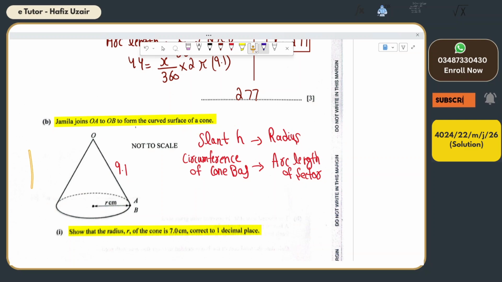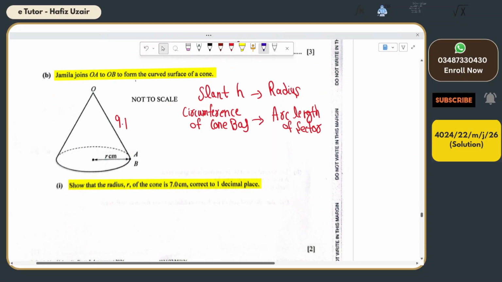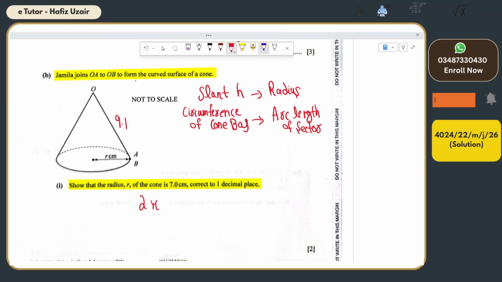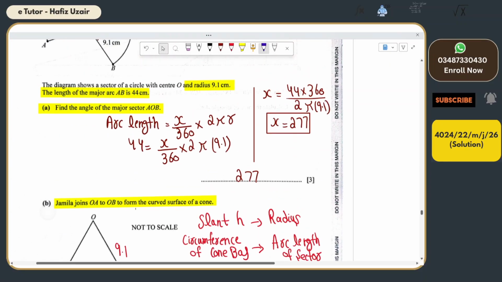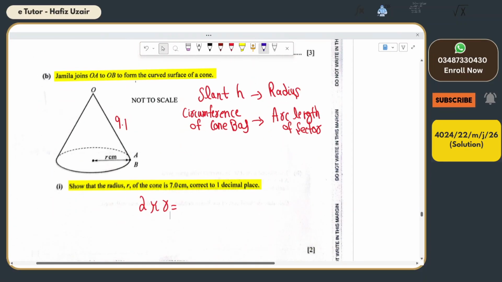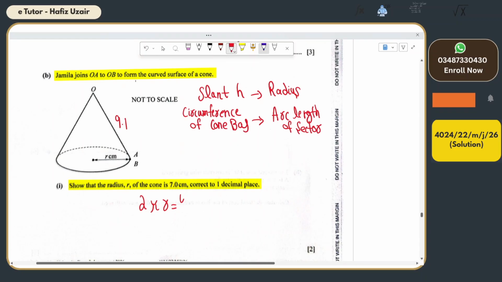Okay, now you need to find out the radius. So we will use this thing over here. What is the circumference of the cone base? It is a circle, so that will be 2 times pi times r, equal to the arc length of the sector. And what was the arc length of the sector? The arc length of the sector was 44 centimeter. So let's write 44 over here.